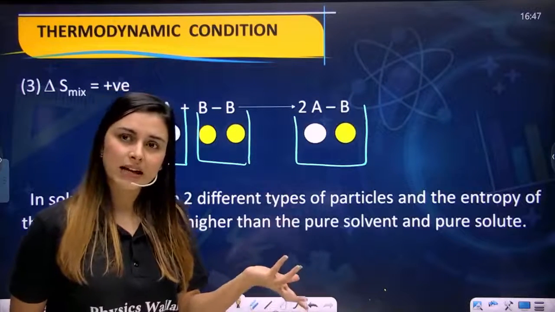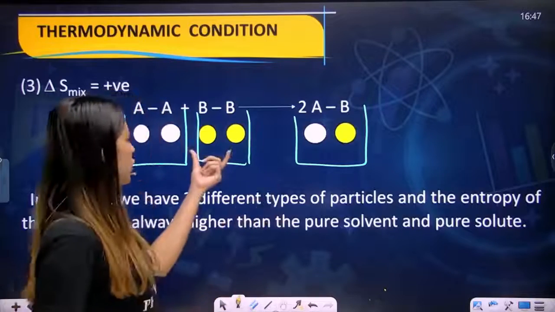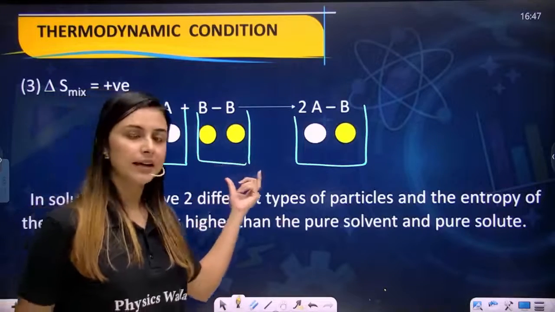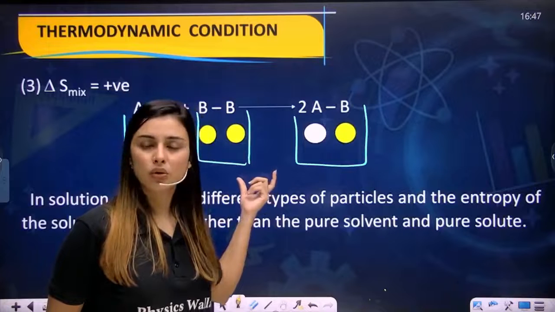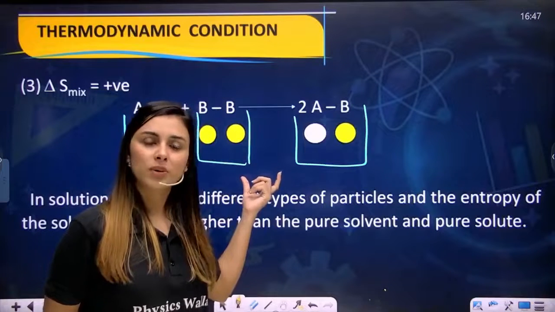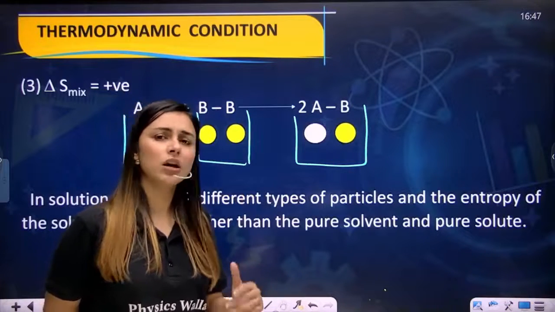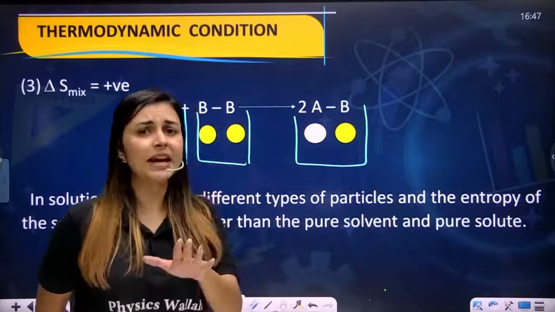So is there any randomness present? No. If I talk about this container and tell you to take out a ball and let me know the color, you will say, ma'am, yellow, because all the balls are yellow. Is there any randomness? No.